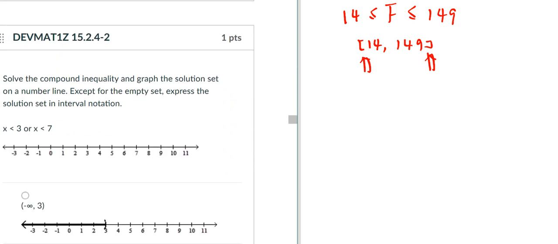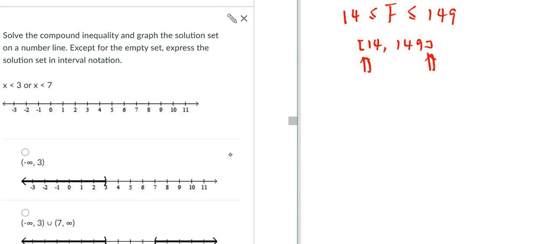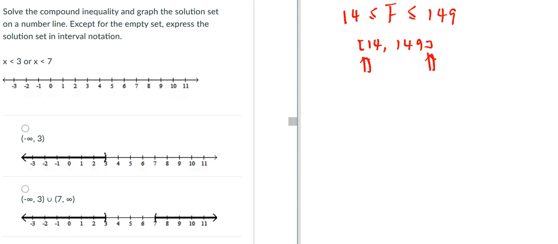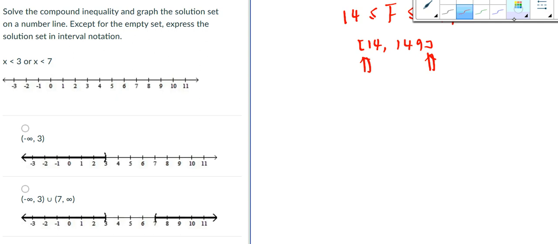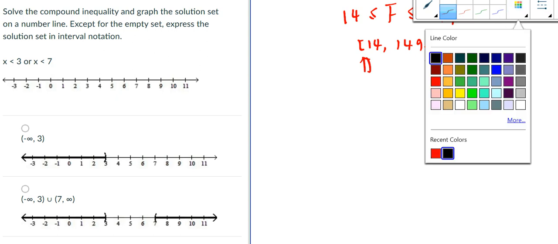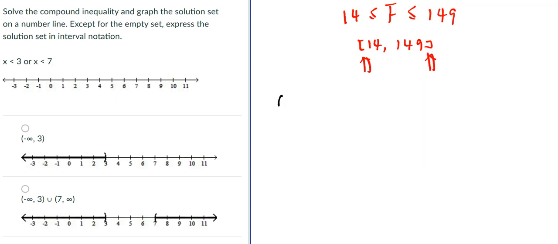Okay, that was question 11. And here comes question 12. Question 12. We are given x is less than 3, or. It is no longer and. And means those 2 conditions need to be satisfied at the same time. But or means it could be this one or this one.